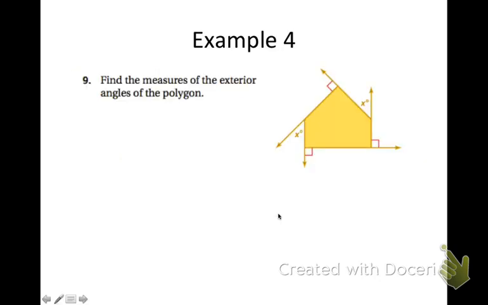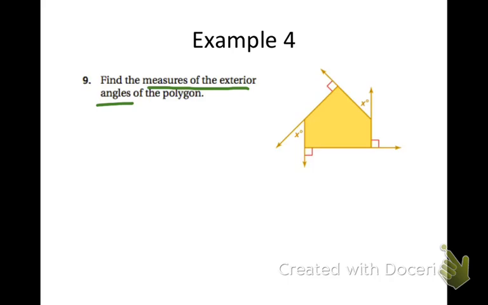So let's find the measures of the exterior angles. Now, please note that in this problem, you're not asked to find x. You're asked to find measures of exterior angles. And since it's a pentagon, there are 5 sides and 5 vertices. There are 5 exterior angles that we have to find.